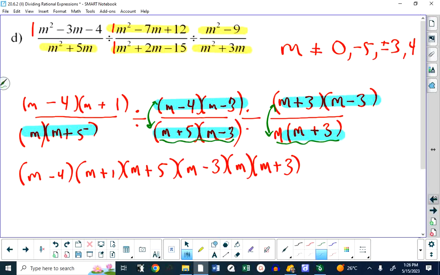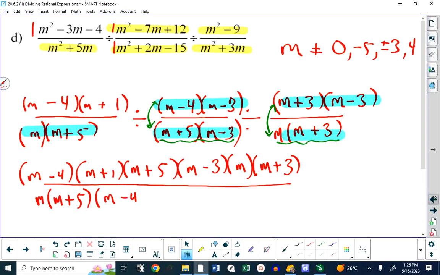This ends up on the top. What's going to end up on the bottom? Well, what was on the bottom of the first expression is m and m plus 5. And then I have to write the old top of the second expression, m minus 4, m minus 3 on the bottom. And the same goes for the third, which I'm dividing by m plus 3, m minus 3.